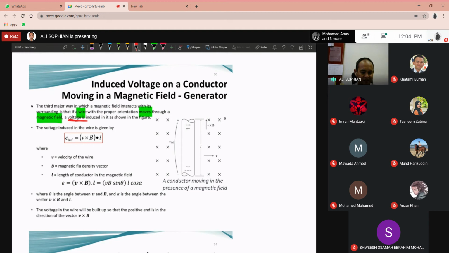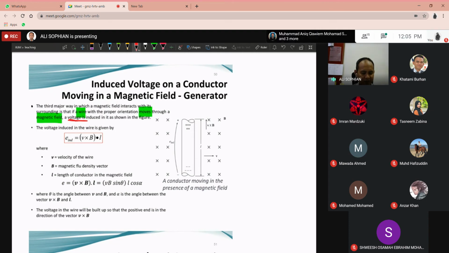So the thing here that we need to highlight is that the wire has to be moving in the magnetic field. The voltage induced in the wire is given by this equation: in brackets V cross B, dot product with L, which is the length of the wire.